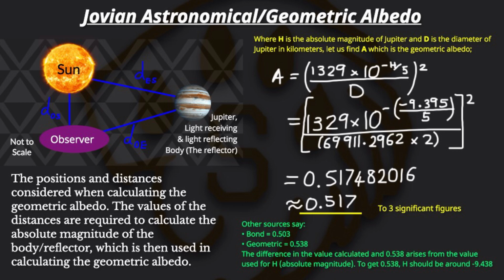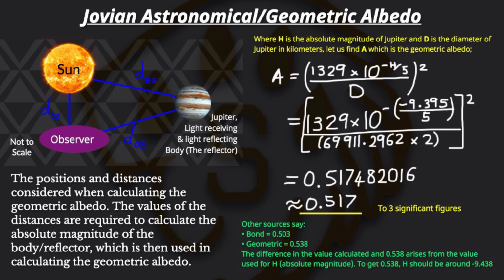If we look at the formula of the geometric albedo, written there on top, h is the absolute magnitude and d is the diameter of Jupiter in kilometers. In kilometers, take note. We then have to find A, which is the geometric albedo, and we plug in our values. We find that our h would be negative 9.395, which is not really what other sources say.